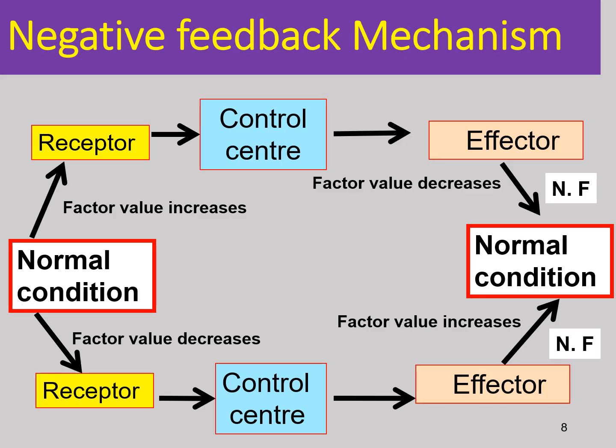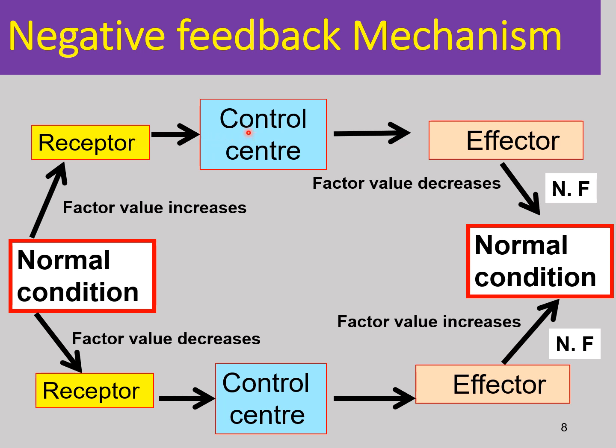Now let's look at a schematic diagram that is usually used to explain the negative feedback mechanism. First, you have a normal condition, like a normal body temperature of 37 degrees Celsius. Then maybe you go out into the hot sun for quite a while. So the receptors in the skin, the thermoreceptors, will detect the change in the temperature of the body. Maybe the body temperature shot up to 39 degrees Celsius.